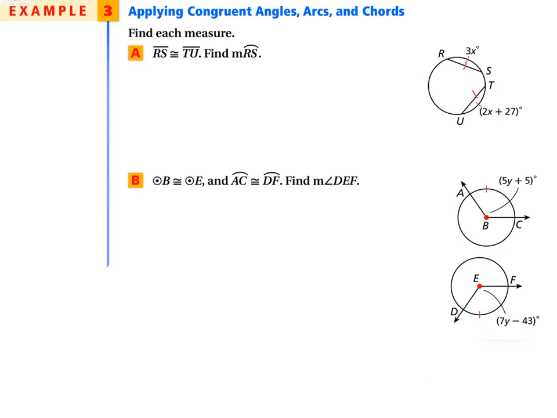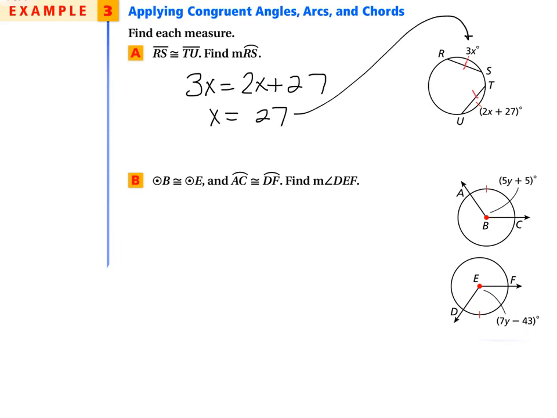And so what you would say, as a reasoning, is if chords are congruent, arcs are congruent. So we would say 3x equals 2x plus 27. That gives us x equals 27. We plug it in, and 27 times 3 will give us the measure of arc RS, which is 81 degrees.